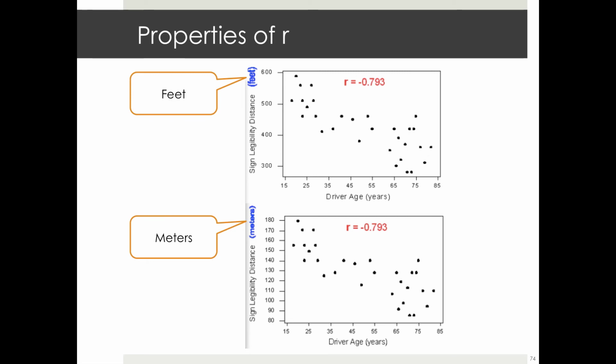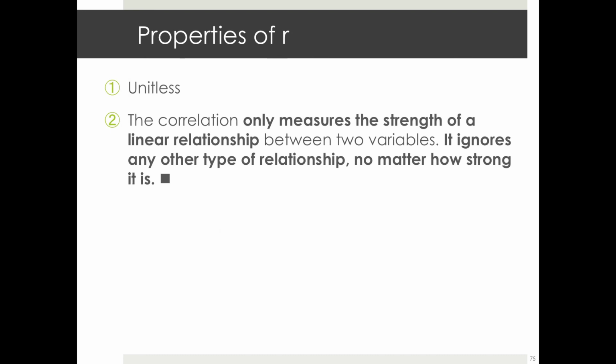And the strength of the relationship, because this is in absolute value close to 1, or another way to think about it is this value is closer to -1 than it is to 0, tells us that the strength of this negative linear relationship is relatively high. It's a relatively strong relationship. It's not as strong as the 0.93 that we saw in the previous example, but it's still a relatively strong linear relationship. So that's our first property, it's unitless.